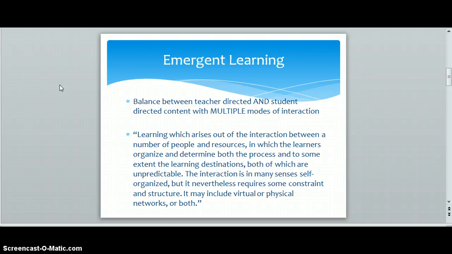It is also said that the content is not just delivered to the students, but the learners have to work together to construct it. And the learning is not bound by specific outputs, and the students are able to have a say in what happens and what goes on.